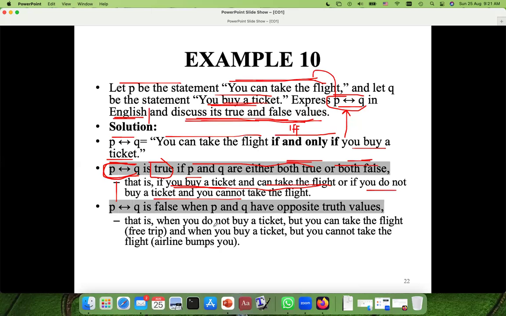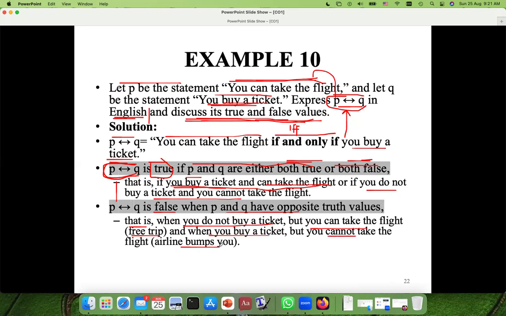Here it is discussed: P implies Q would be false when P and Q have opposite values. What is this situation? That is when you do not buy a ticket, but you can take the flight. For example, you have a free trip, or you have the ticket through some lottery or some other person arranged it for you, or you buy a ticket but cannot take the flight because the airline bumps you out.